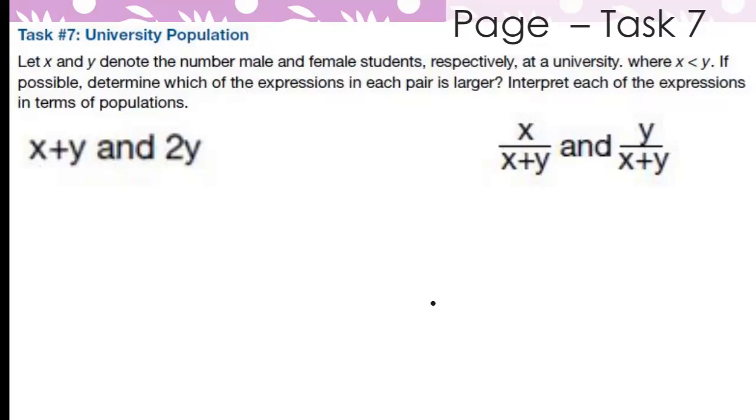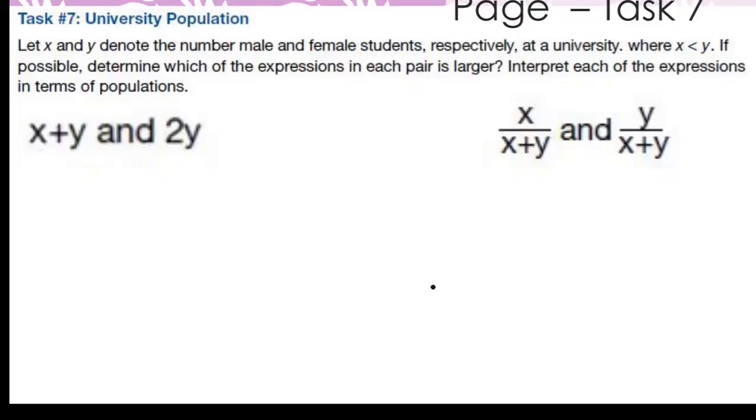So, determine which of the expressions is larger and interpret each of the expressions in terms of the population. So again, going with this first one, we have x plus y. What does that represent? And we have 2y. What does that represent? And which one is larger? So what is x plus y?